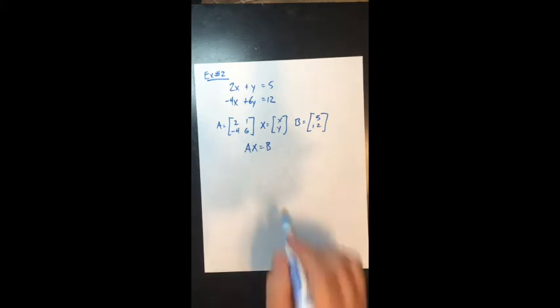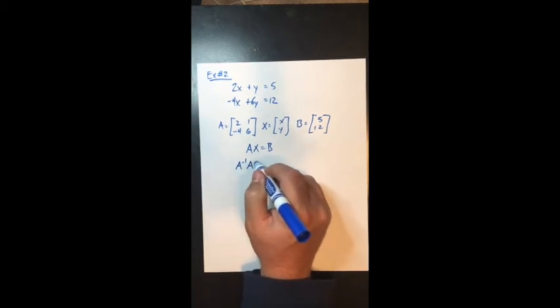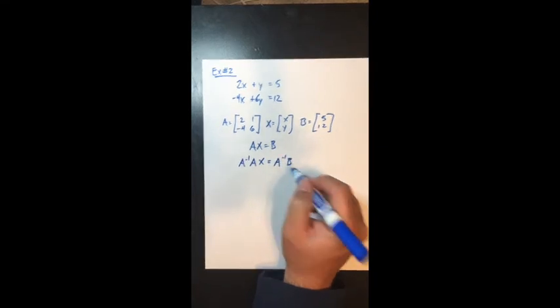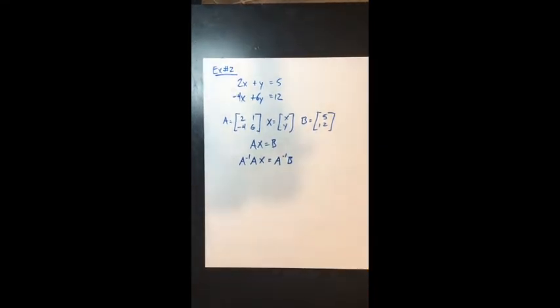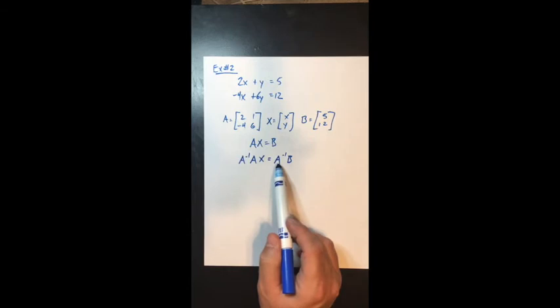And now what we want to do to solve this matrix equation is multiply both sides of this equation by A inverse. Now we have to be careful with the way we do this because matrix multiplication in general is not commutative. So if I multiply by A inverse on the left-hand side, then I have to multiply by A inverse on the right-hand side of the equation as well.